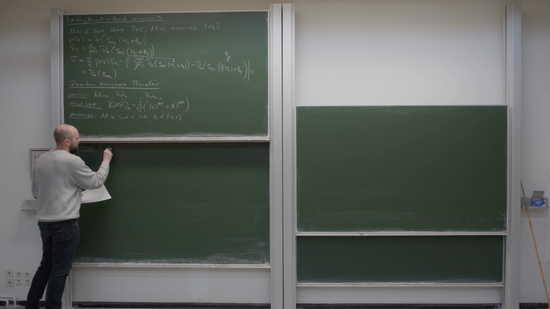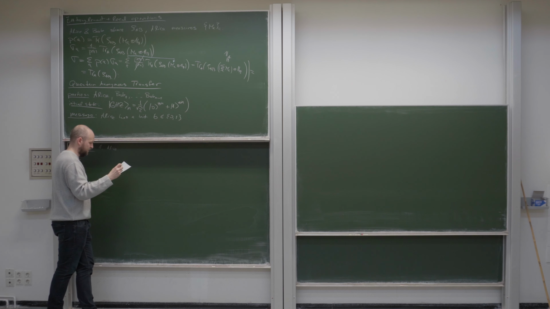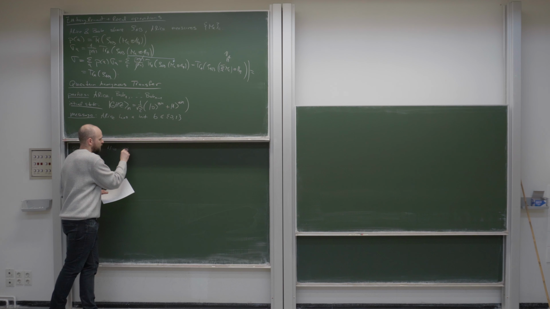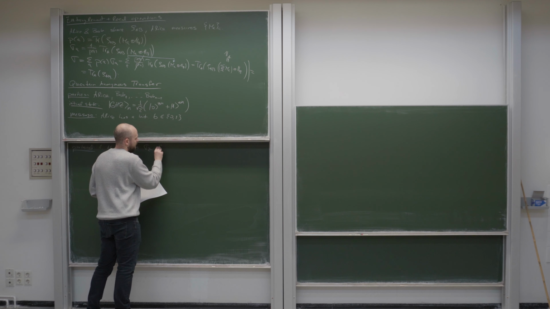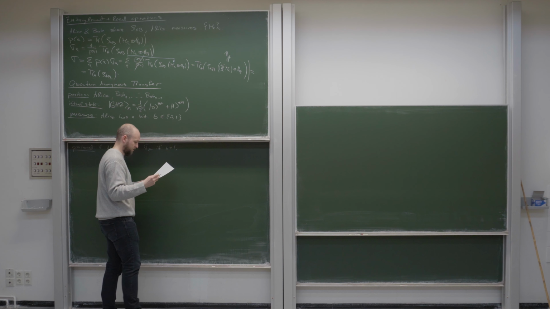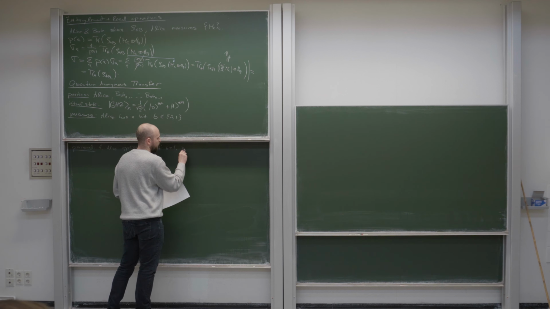And here's the protocol. The first step is that Alice applies sigma z if b is equal to 1 and nothing otherwise.